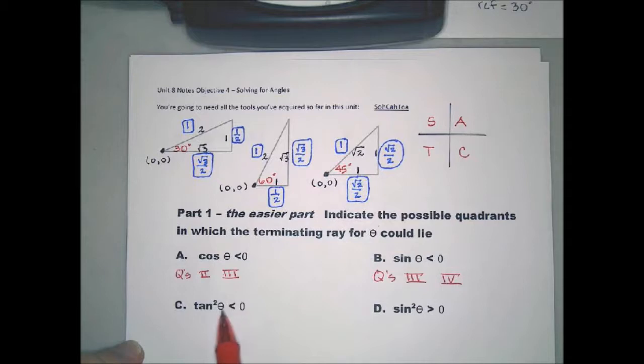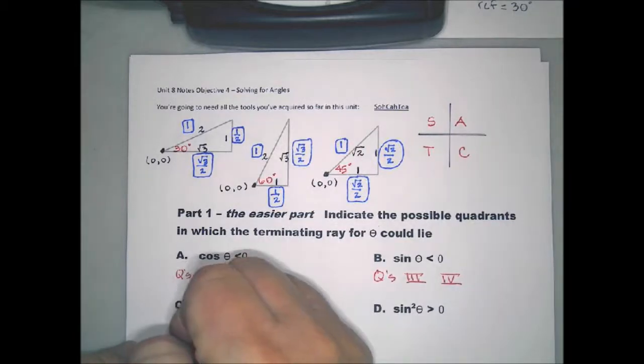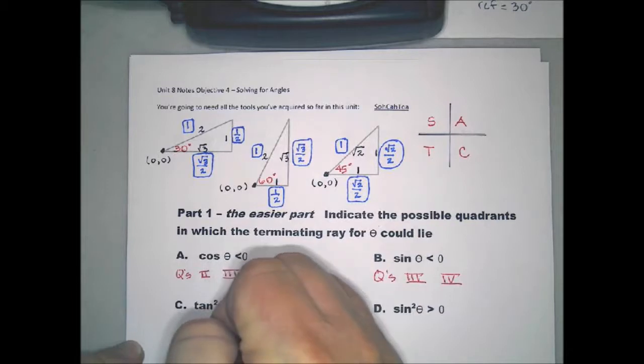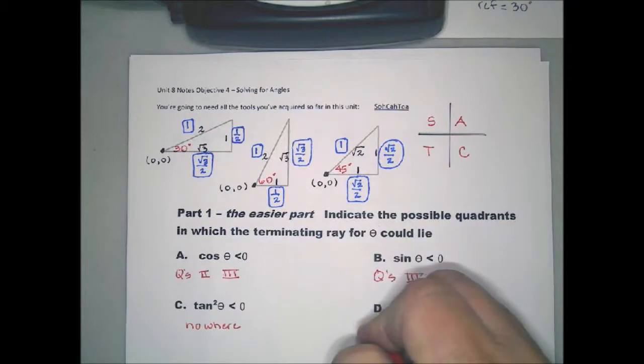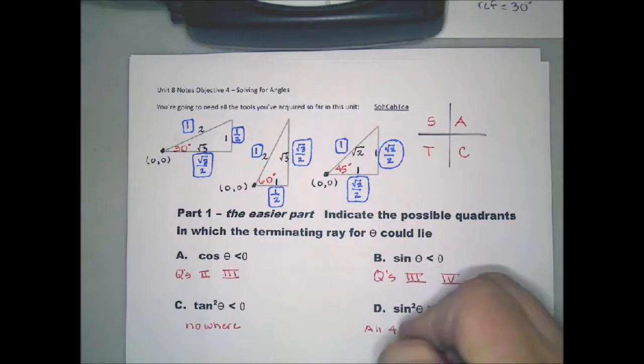So there are no places where tangent squared theta would be negative. Now, where would sine squared theta be negative? Kind of for the exact same reason, this is nowhere. This is all 4 quadrants, because even if it started off as being negative, when you square it, it's positive. So all 4 quadrants.